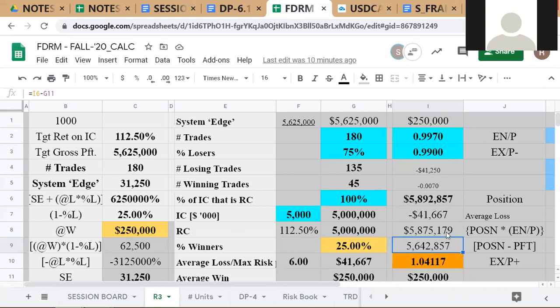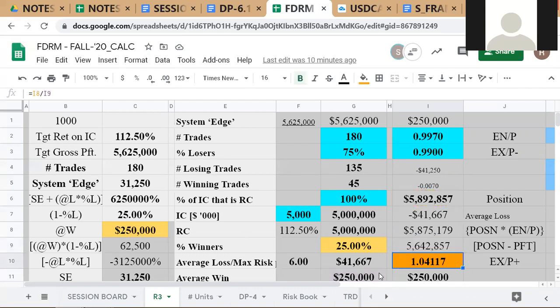All right. So your risk per trade is 42K, and you have to shoot for 250,000. So therefore, what you do here is this, as you can see, position minus profit. This position is clear. Minus profit. This profit is the same as this quarter million, because you need to produce that profit on this trade.